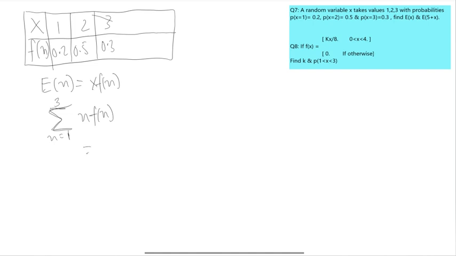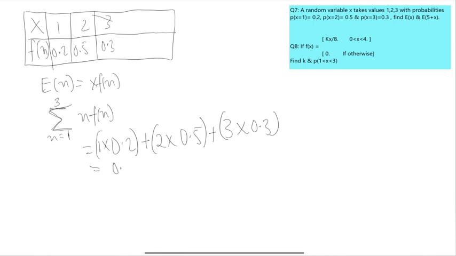Since we have already gotten this, where we are starting from is 1. So we're going to say 1 times the corresponding f(x) value, which is 0.2, plus 2 times its corresponding f(x) value, which is 0.5, plus 3 times its corresponding f(x) value, which is 0.3. You can put this in brackets so that you do not make a mistake and multiply the ones you are not supposed to multiply.